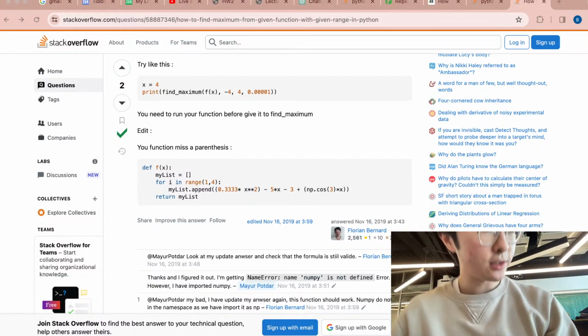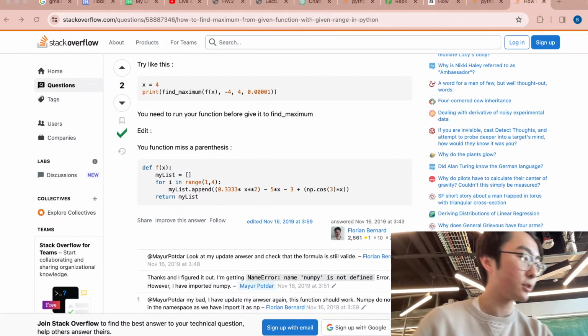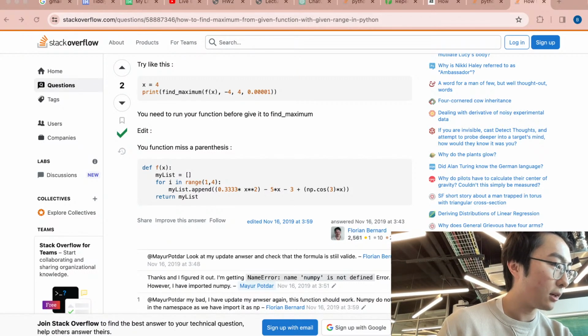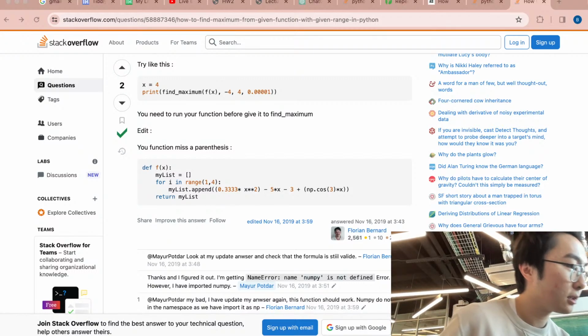Okay, I guess that's true actually. We could just brute force this. I didn't think about it. Let's see what happens actually.